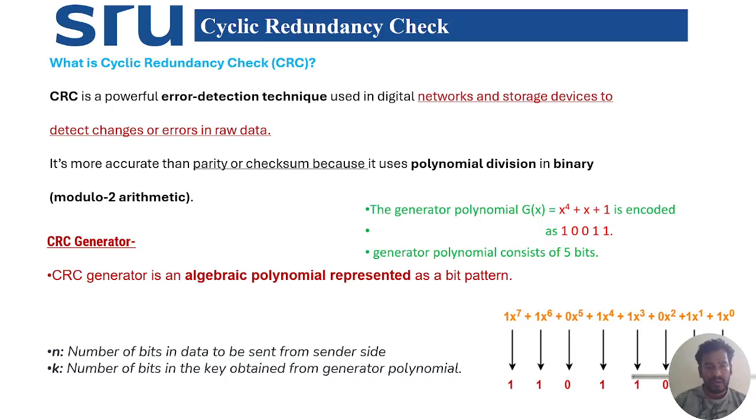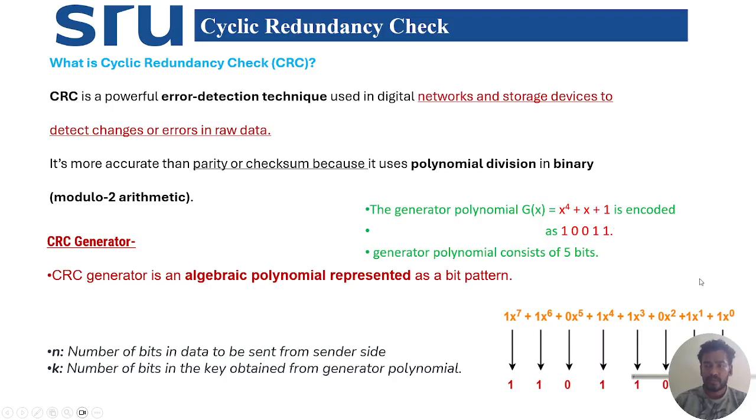Here we need to understand how the polynomial key, or polynomial divisor, should be taken. n is the number of bits in the data to be sent from the sender side, and k is the number of bits in the key obtained from this generated polynomial key. For example, this is a generated polynomial key given while transferring the data. From this generated polynomial key, we will get the proper key to calculate the division.